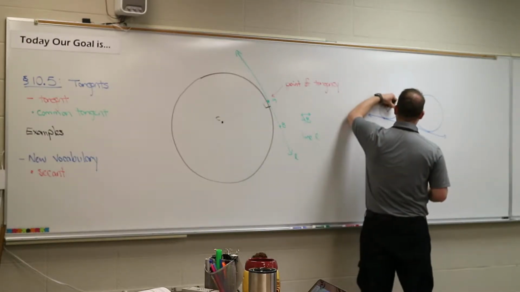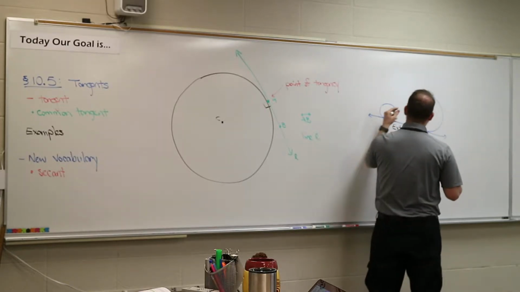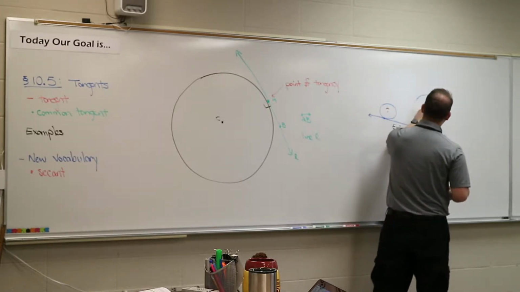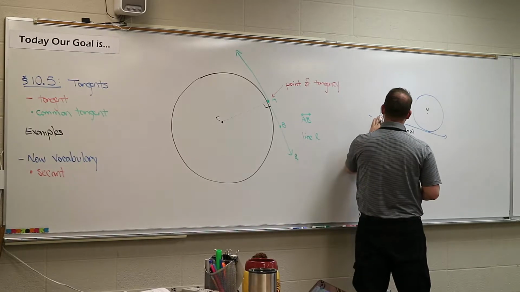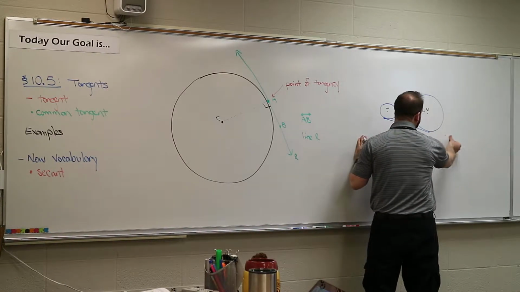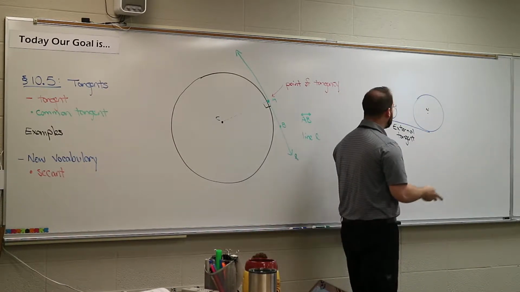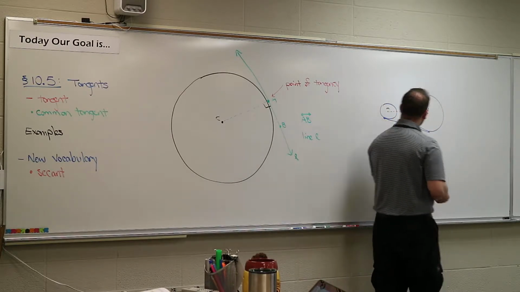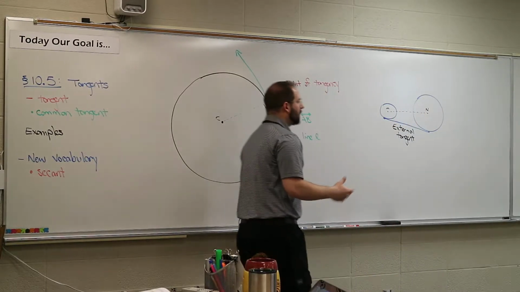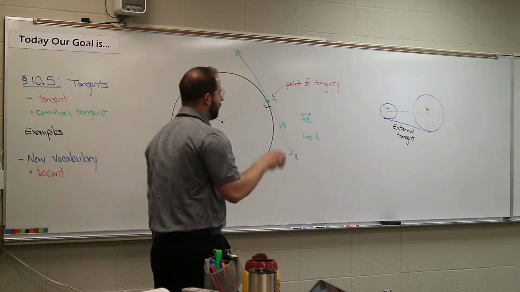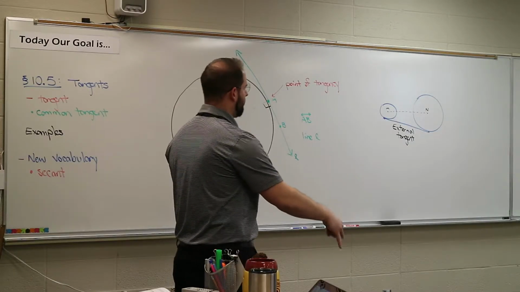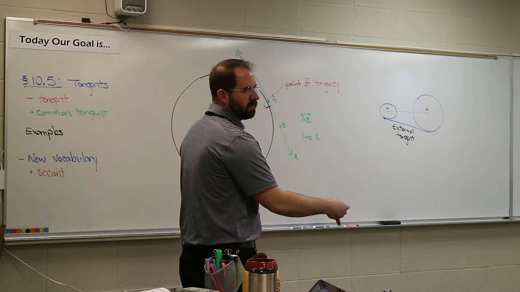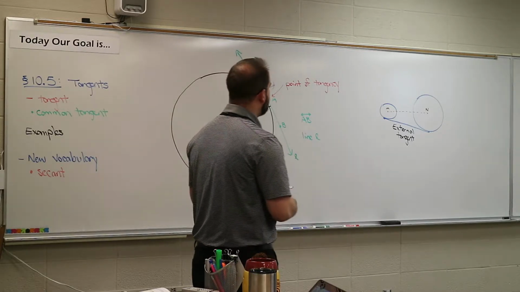So here's the center of both circles. Let's call them M and N. The tangent line itself does not cross the segment that connects the centers. That's what the book says is an external tangent. The tangent line does not intersect the segment connecting the centers of your circles. So it's on the outside.